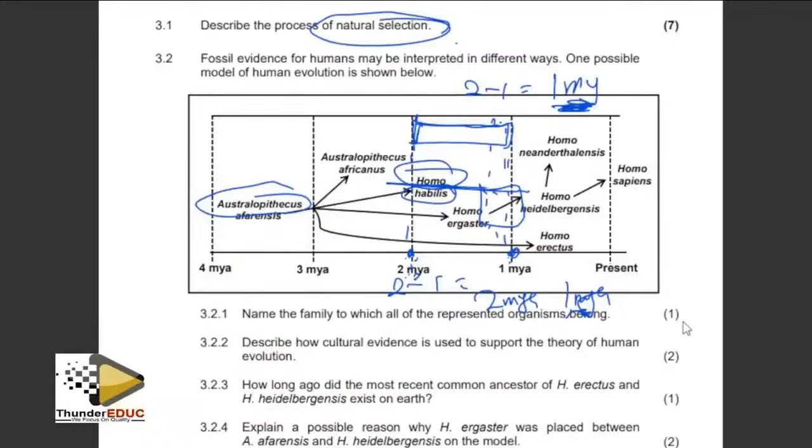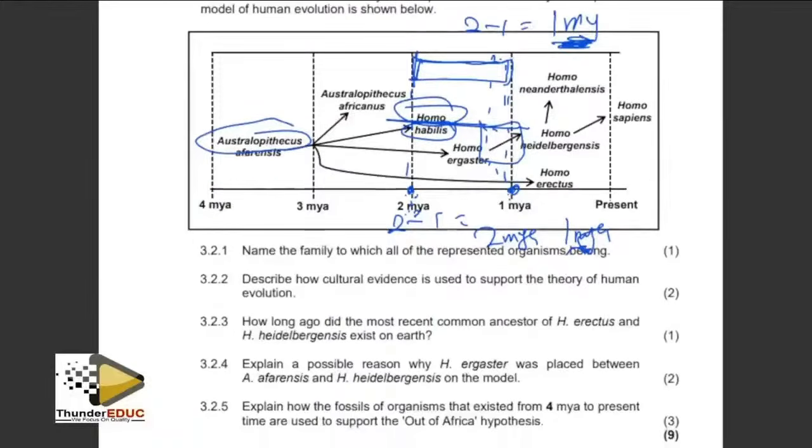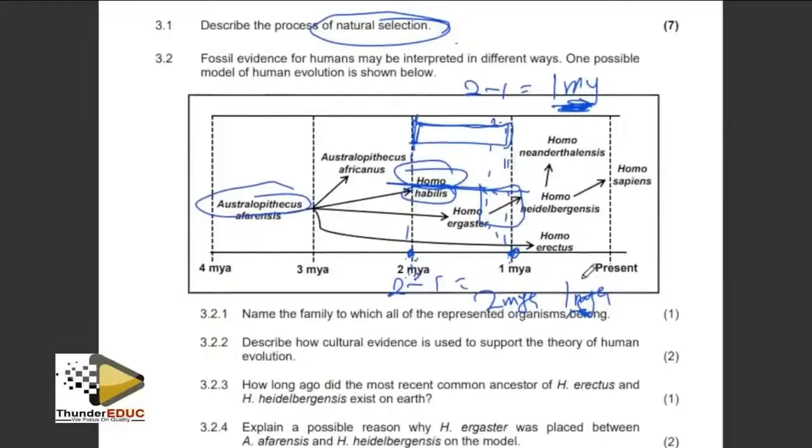Then now, what are they saying? They are saying, explain the possible reason why Homo ergaster was placed between Australopithecus afarensis and the Homo. It means that this is a transitional fossil, meaning that it has characteristics of this organism, and it also has characteristics of the other.